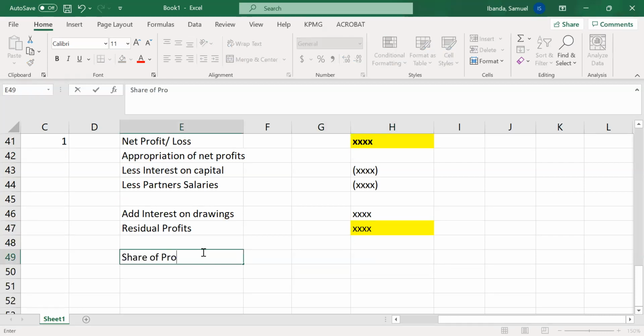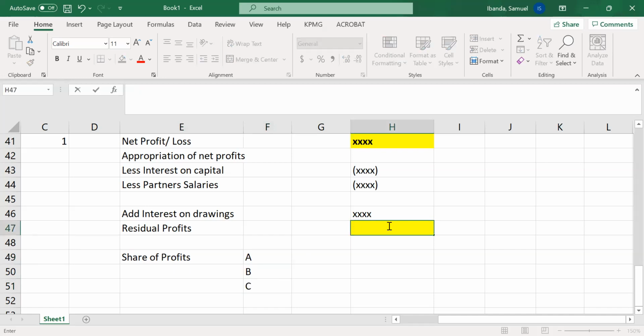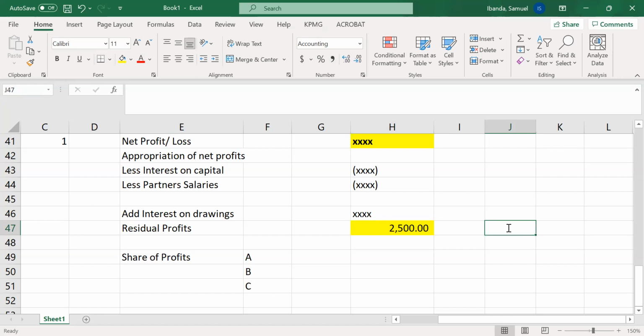So we'll have partner A, partner B, partner C. And like we said, for example, if this was maybe 2,500 being shared, and let's say this was being shared on a ratio of 2 to 1 to 3, our total ratio here gives us a 6.